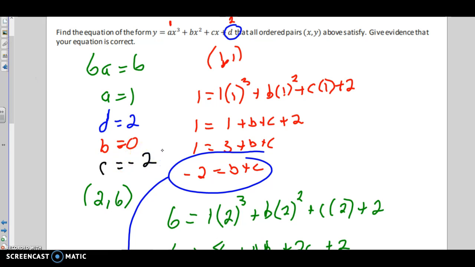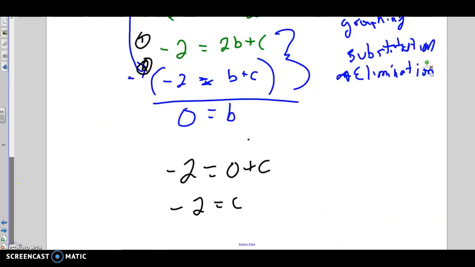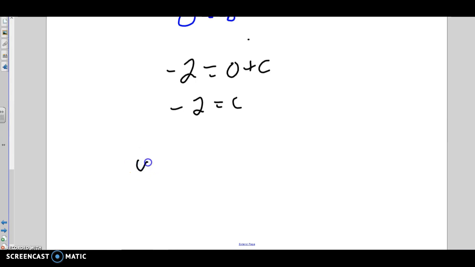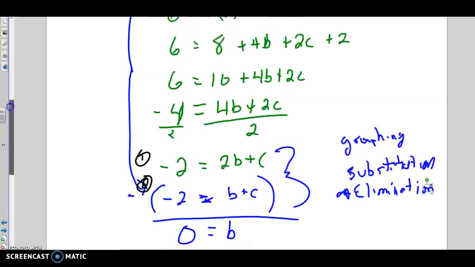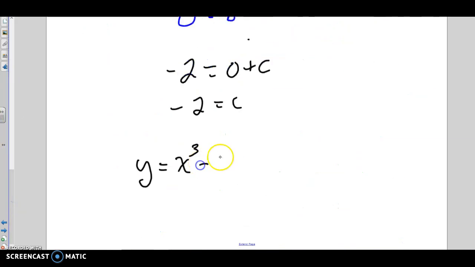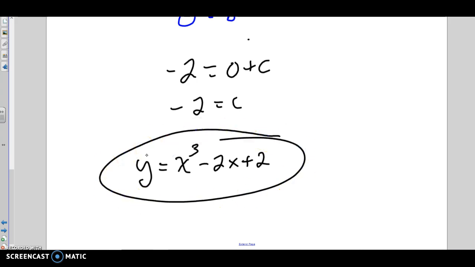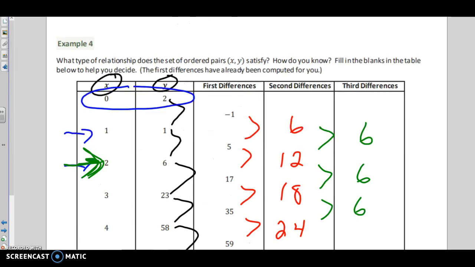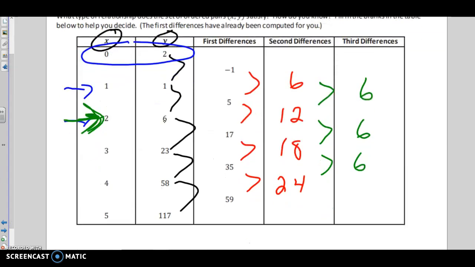So now I have coefficients for a, b, c, and d, and I can write my final equation. A was 1, so that's 1x cubed. B was 0, so I'm going to have no x squared. C was -2, so I'll have -2x. And my constant d was 2. So this becomes the equation that represents these 5 ordered pairs.